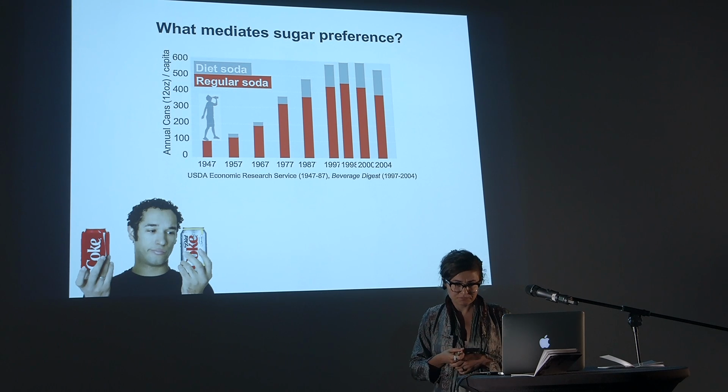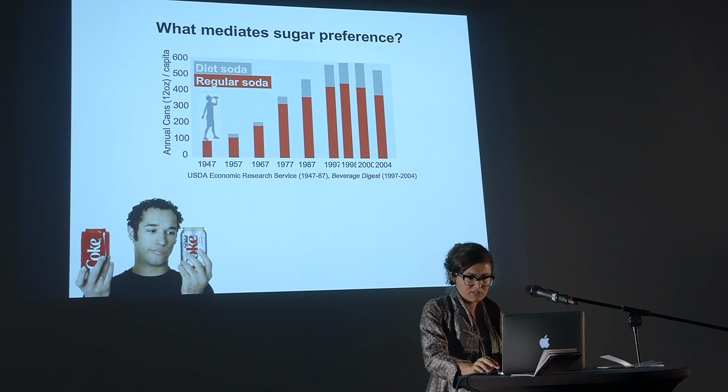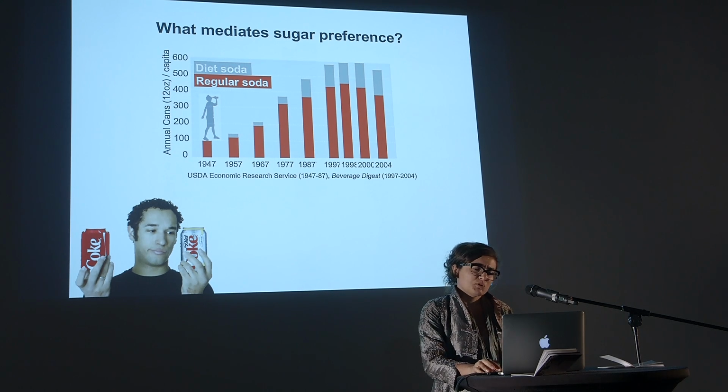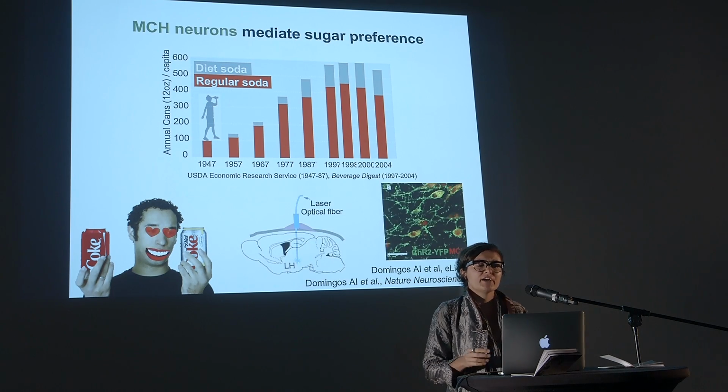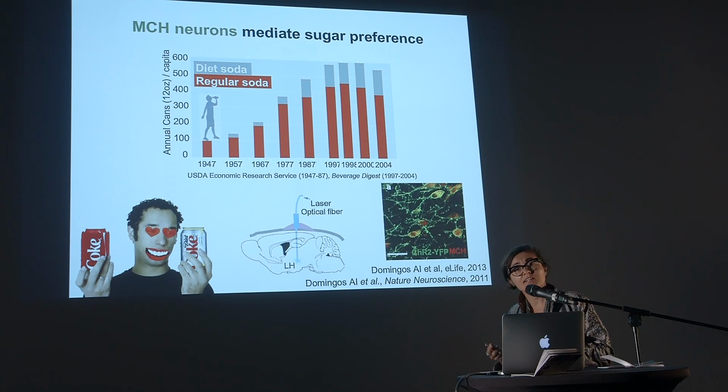And why is that? I performed a series of studies that were published not so long ago, between 2011 and 2013. And those studies identify the neurons in the brain, again in the hypothalamus, that control this behavior.